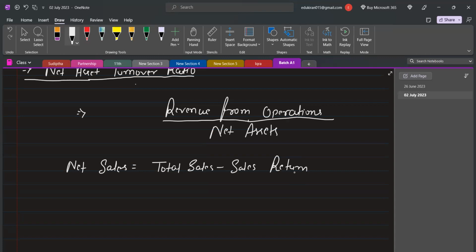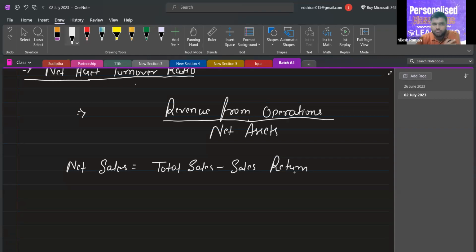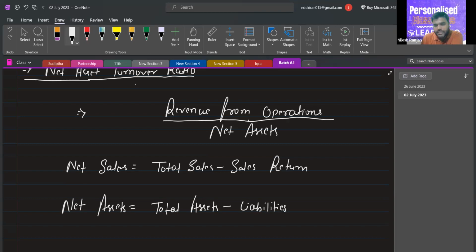The sale figure, revenue from operation, equals cost of goods sold plus profit. So for net sales, we have to deduct sales return from total sales. Now, what are net assets? Net assets equals total assets minus liabilities.